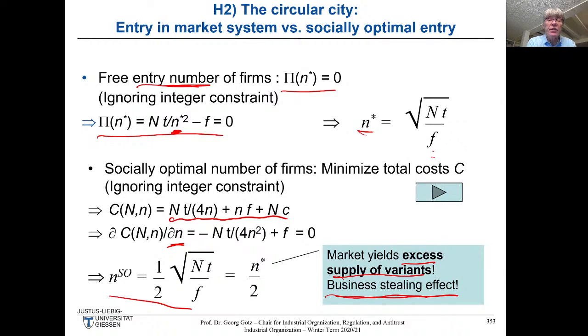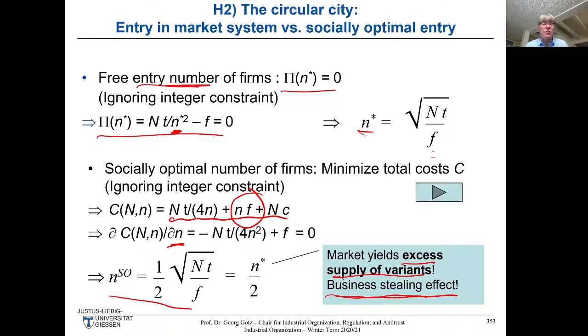Of course, this is only in terms of total surplus, where you maximize total surplus. For consumers, it's always better to have more firms in terms of consumer surplus. But of course, in terms of society, it's really important. You waste a lot of, in a sense, fixed costs.